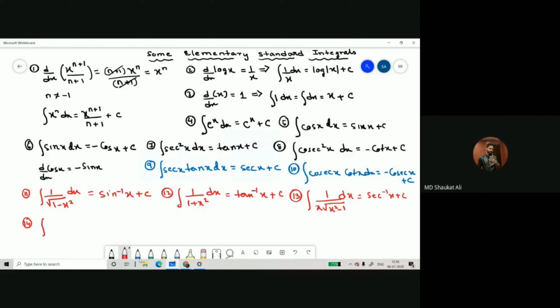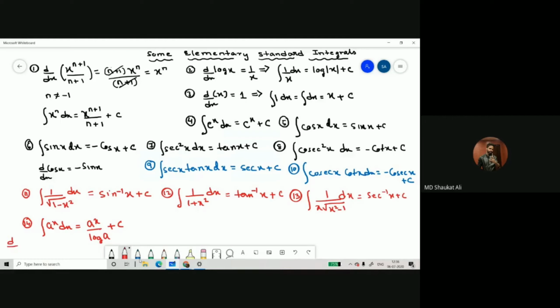Integration of a to the power x dx. This will be a to the power x by log a plus c. Because if you differentiate this, you'll get a to the power x. Look how.